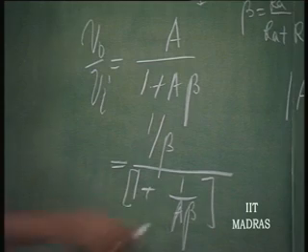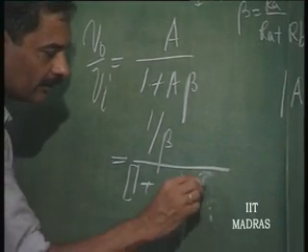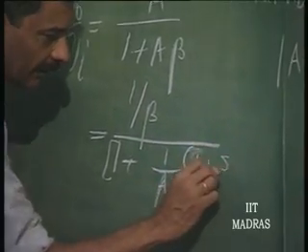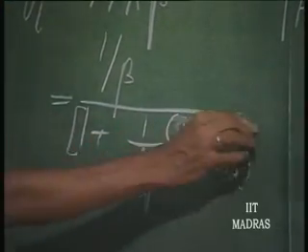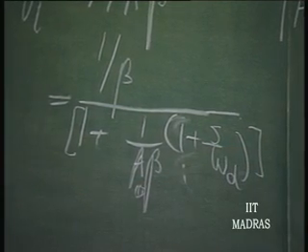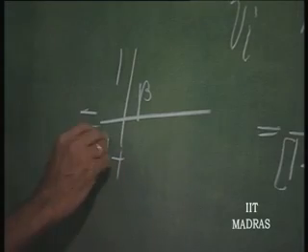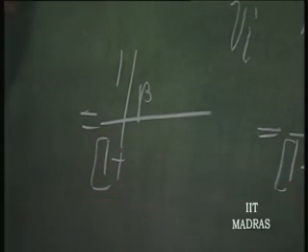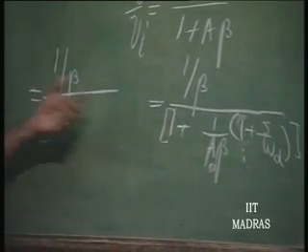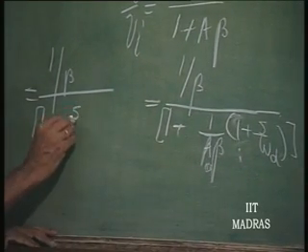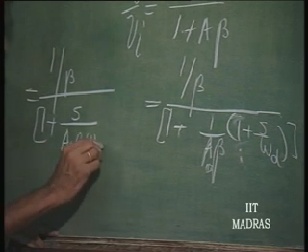So, this A becomes A naught into 1 plus S by omega d now, because of negative feedback. So, 1 over beta divided by 1 plus 1 over A naught beta is going to be very small compared to 1. So, I ignore that. So, S divided by A naught beta into omega d.